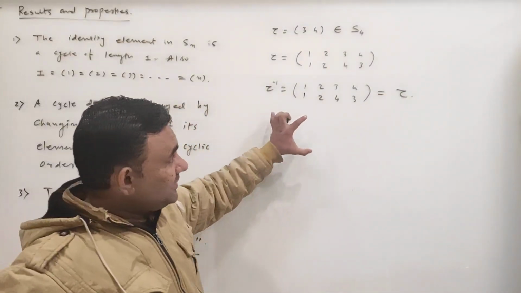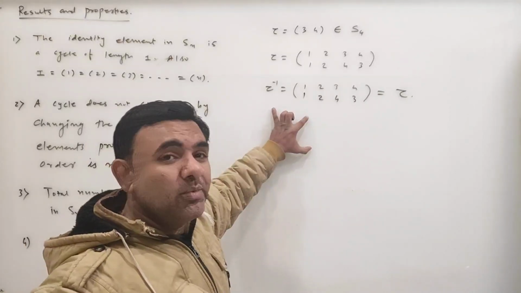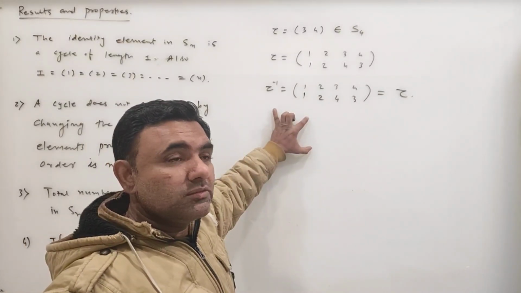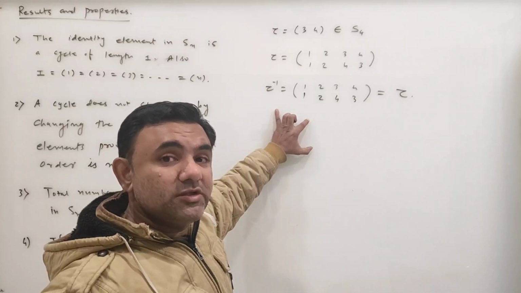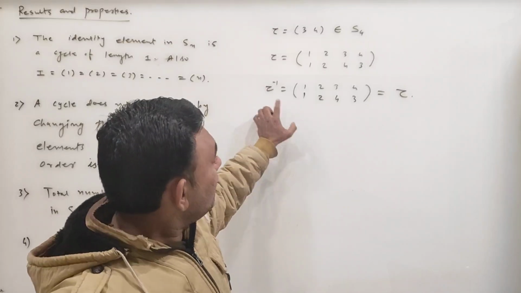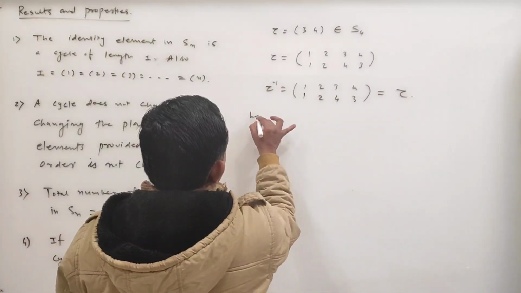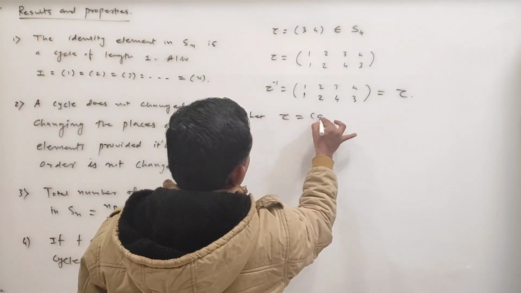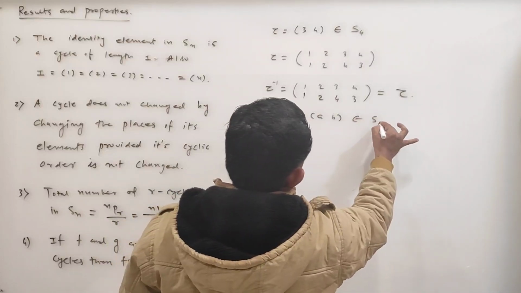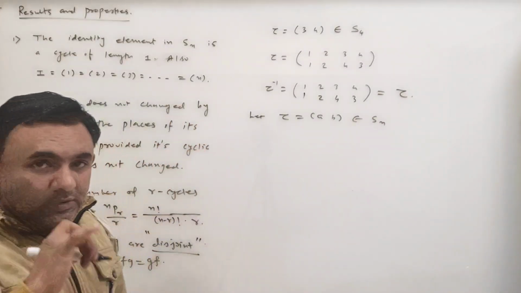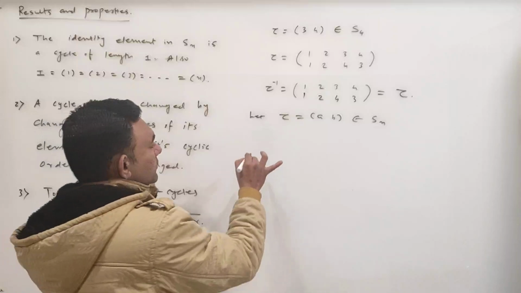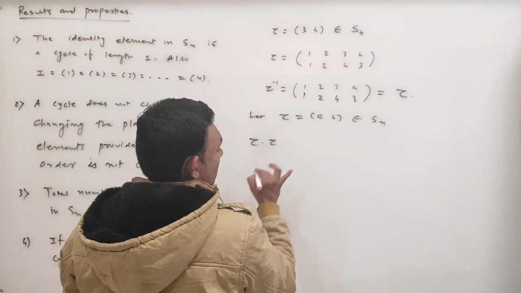So does this happen with every transposition? Then the answer is yes, it happens. Right. So tau inverse is tau. So let us prove it in general. Let tau is equal to (a1 a2) belongs to, say, Sn. Then you just find out tau into tau.